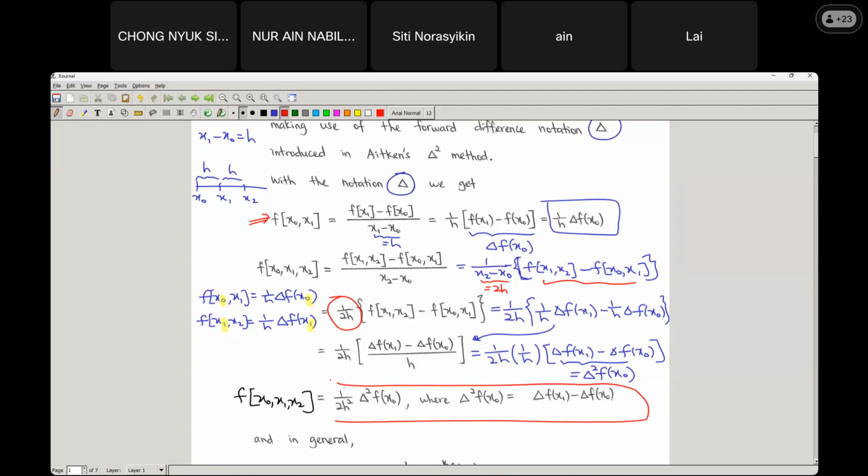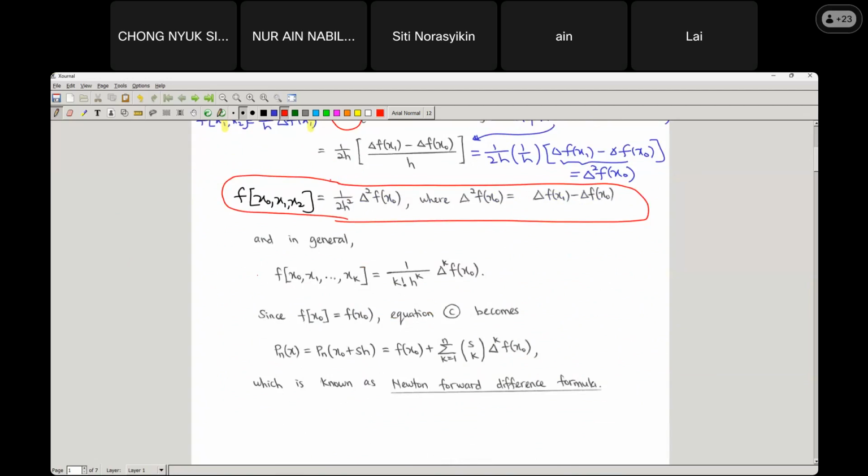Now this is a general formula. In general, we can write f[x0, x1, up to xk] as 1 over k factorial h to the power of k times triangle to the power of k f(x0). From equation C, if you are referring to your notes, we have Pn(x) equal to Pn(x0 plus sh).